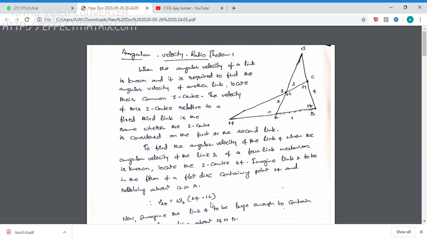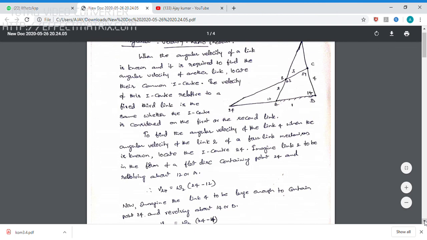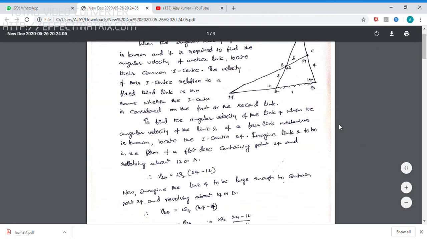Is it right? And another one, the fourth link. Here, if I want to find the velocity, in the fourth link also I will take a large portion of the link, and over the link portion I will take one small point as the 24 point. If I want to find the velocity of the 24 point, v24 is equal to, once again for the fourth link, that one is rotating about the D point.